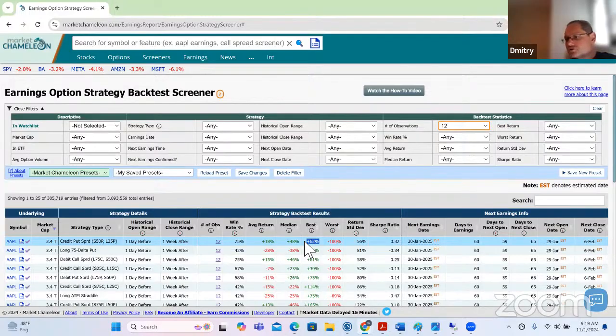The worst was 100%, meaning whatever you had at risk, that's how much you lost. Okay, so keep in mind with a credit put spread, the amount you have at risk is what you would lose in the worst case scenario. So let's say you have a $5 put spread and you sold it for $1. Well, the amount you have at risk is $4, because if at the end of the day you have to buy that put spread back for $5, your worst case scenario, it's worth $5.